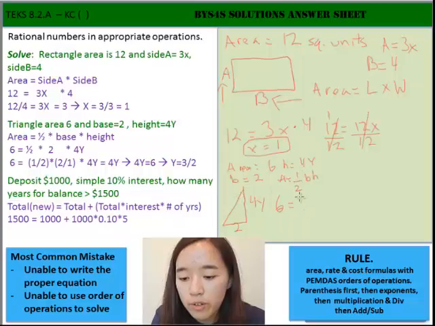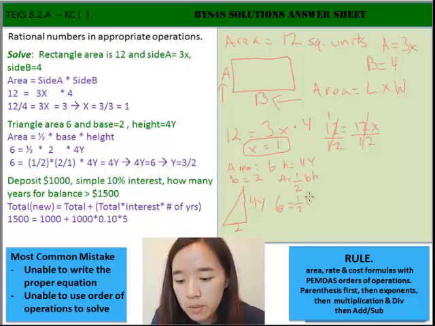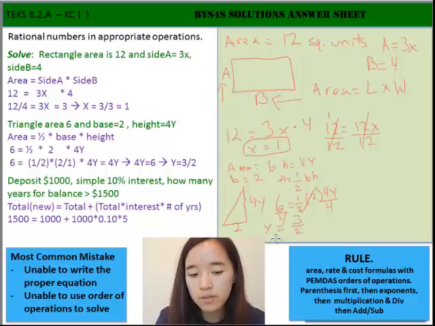So over here on the right, we're going to write 1/2 times 2, that represents the base, times 4y, which is the height. We can cancel out the 1/2 and the 2 because 2 over 2 is 1. And then we can divide each side by 4 to find the y. And we see that y is equal to 3 over 2. And that's our answer. Now let's look at this last problem.